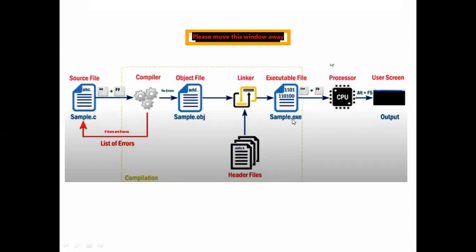The file is now in terms of zeros and ones that can be better understood by the processor, and the CPU can execute this process. These are the steps involved in the conversion of any source file to a process. Any program will be converted into a process. Hence we say that the process is the executable form of the program.